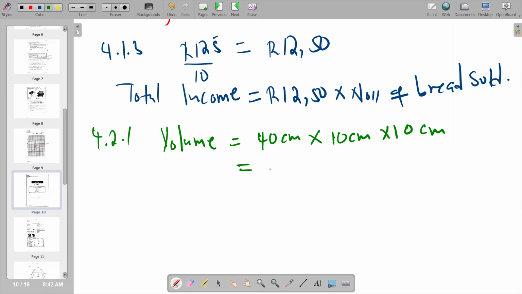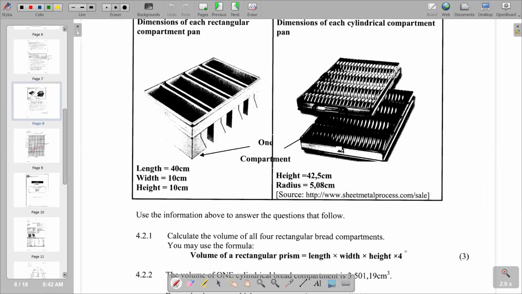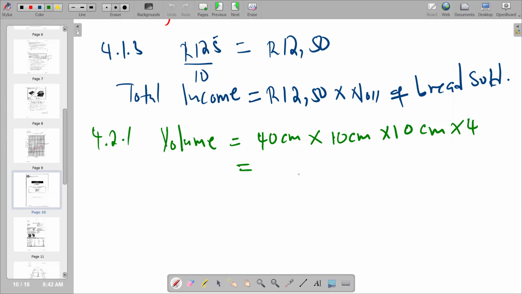We'll calculate it, and then here we obviously multiply again by 4, according to the formula given. We do that, we get our answer is 16,000 cubic centimeters, since it's volume.